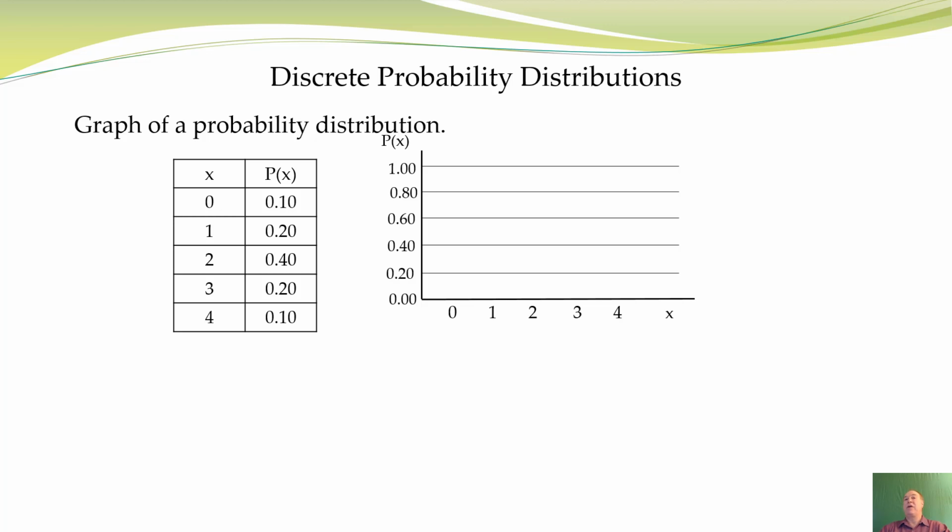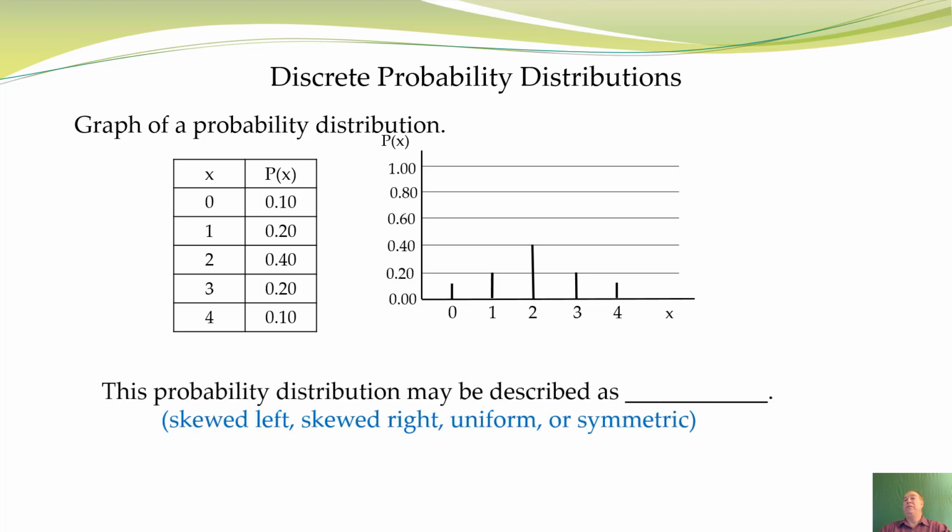Now, for x equals 0, the probability is 0.10, so we'd come up 0.10. 1 was 0.20, 2 was 0.40, 3 was 0.20, 4 was 0.10. So this is what the probability distribution graph would look like for this table. Now, we can also go back to what we talked about in earlier chapters: skewed left, skewed right, uniform, or symmetric. So in this case, how would this graph be described? Well, if we look at it carefully, it would be symmetric.